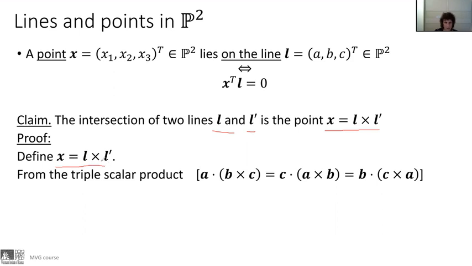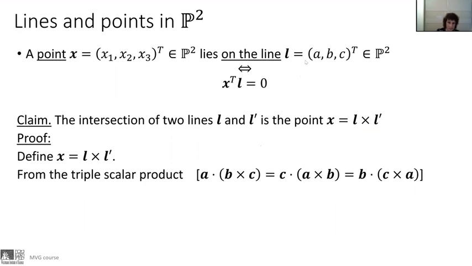We define X to be the cross product, and we use the triple product property, which means that A dot B cross C is the same as a circular shift of this expression: take C, put it here, and shift the rest to the right, so it equals C dot A cross B, and so on. I guess you're familiar with this.